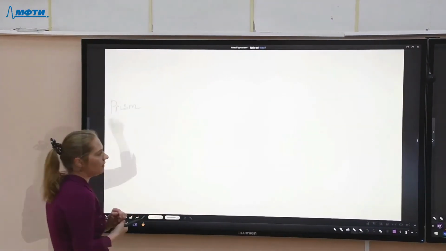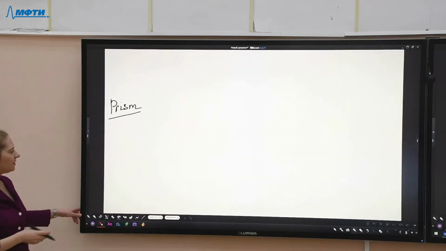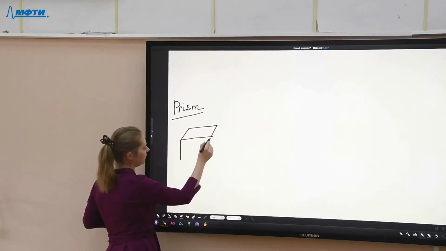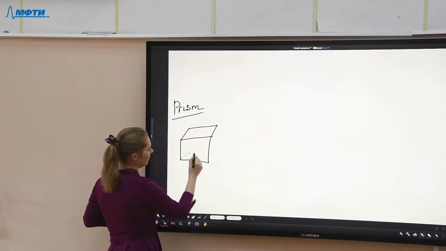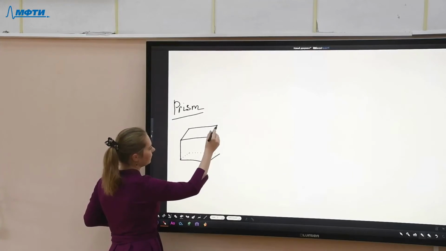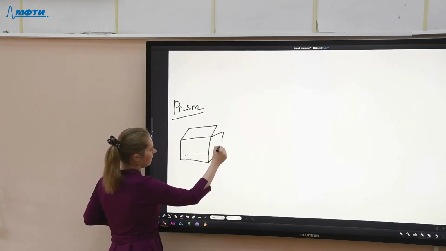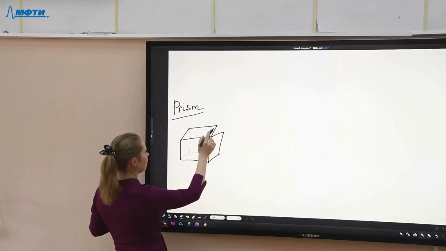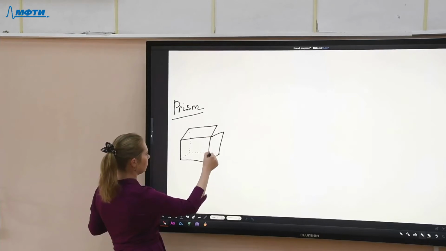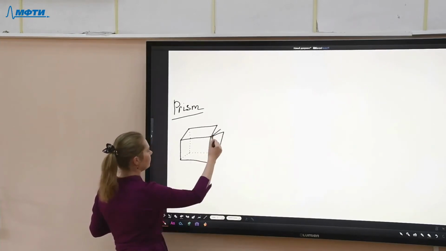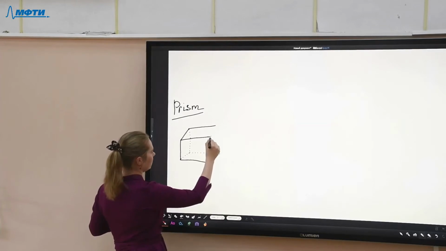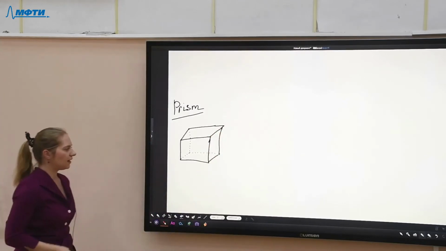We start with a prism. A prism is a solid bounded by two parallel planes, like this.